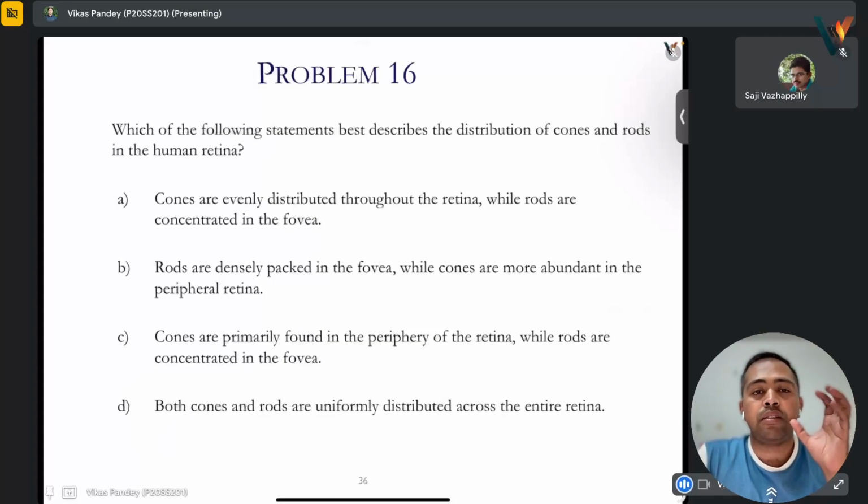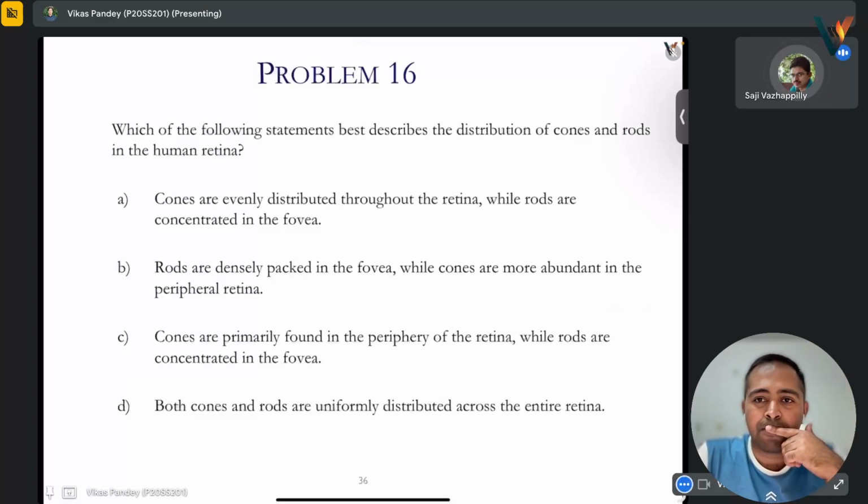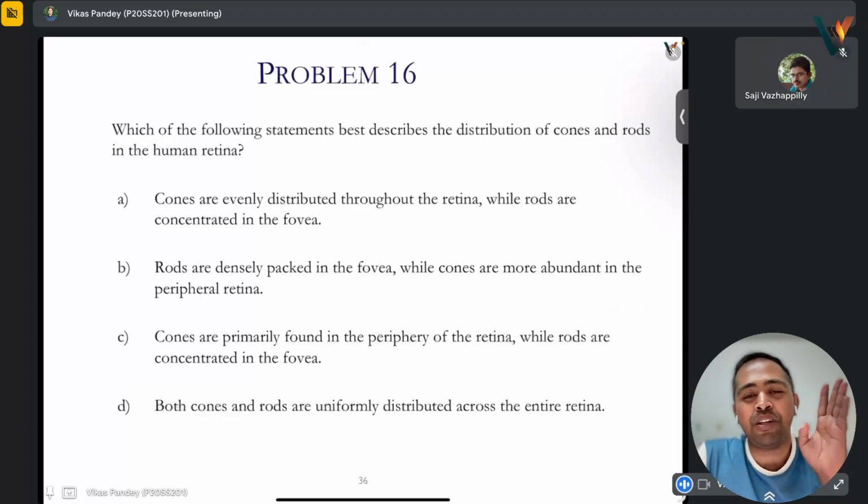Which of the following statements best describes the distribution of cones and rods in the human retina? Remember that there are two kinds of cells. Cones are for bright light and rods for dim light. I studied that in 10th class. Options: Cones are evenly distributed throughout the retina, while rods are concentrated in the fovea.